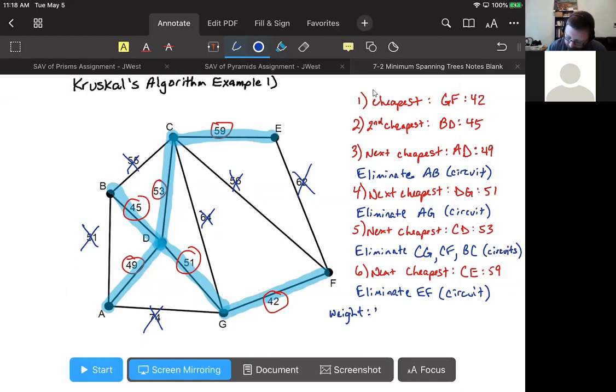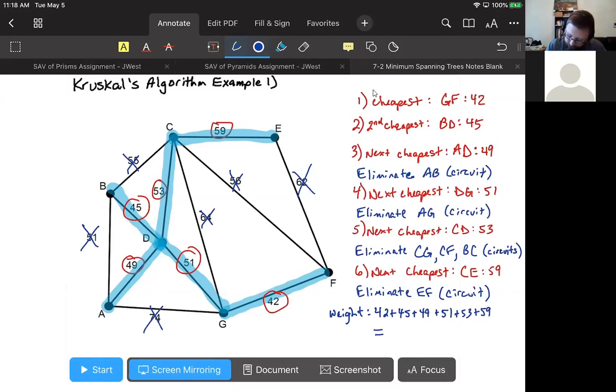So to get the weight, we add up all of the numbers that we've selected. So we add those up, 42 plus 45 plus 49 plus 51 plus 53 plus 59.